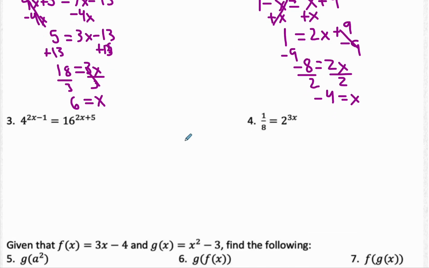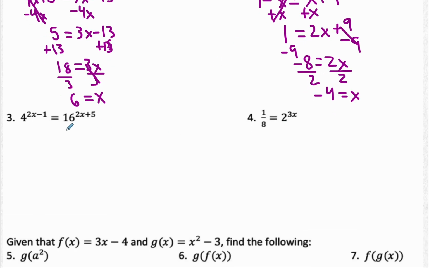So the next ones we'll see, our bases are not the same. So number 4 here, one has a base of 4 and one has a base of 16. Because the bases aren't the same, I can't just set the exponents equal to each other. But what I want to do is I want to try and rewrite one of them, or sometimes both of them, so that they have the same base. Okay, so what I want to think about here is I could write 16 as something with a base of 4, because 4 to the second power is 16.